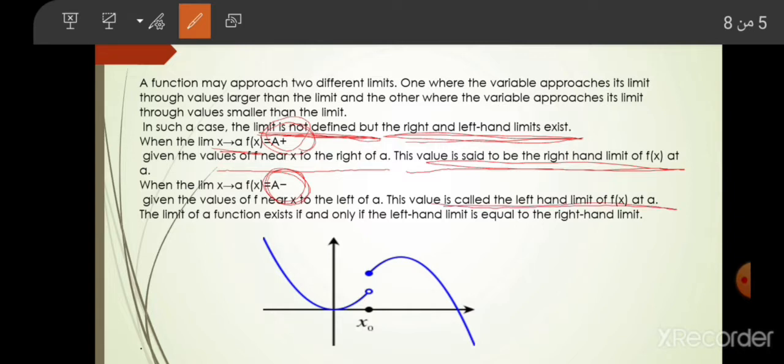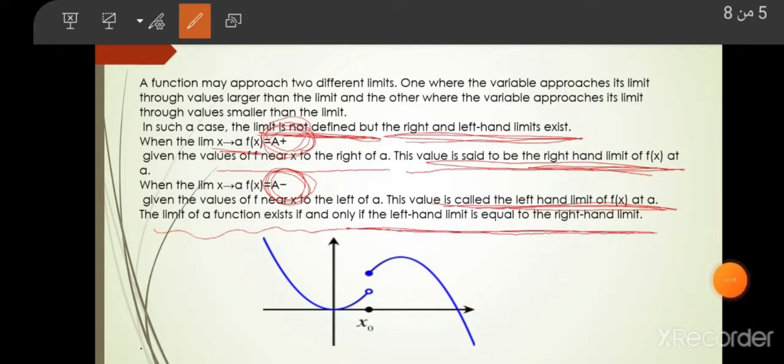So when we have a plus, we call it the right hand limit, and a minus, we call it the left hand limit. The limit of a function exists only if the left hand limit is equal to the right hand limit.